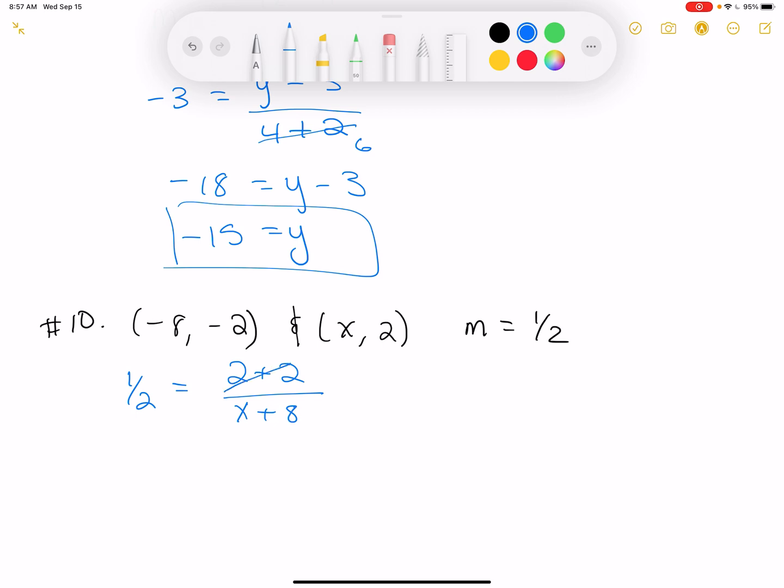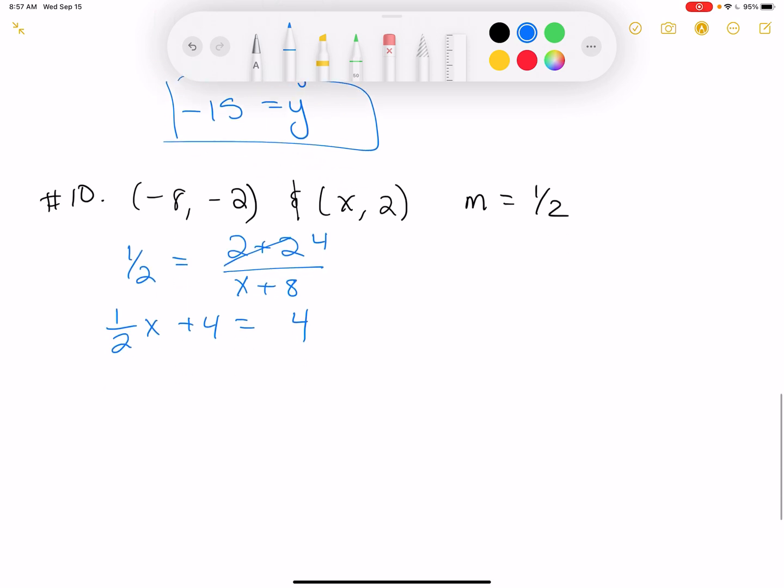Okay, so this top is obviously 4. So I'm going to multiply the 1/2 by x plus 8. So 1/2 x plus 4 is equal to 4. Minus 4, 1/2 x is equal to 0. So x is equal to 0.